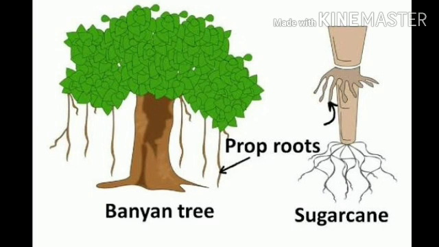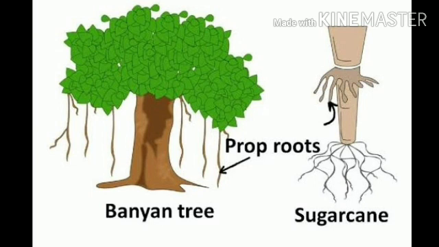Another example is stilt roots of sugar cane. They originate from the nodal part of the sugar cane. So they are also a modification of the root. The third example is pneumatophore roots.